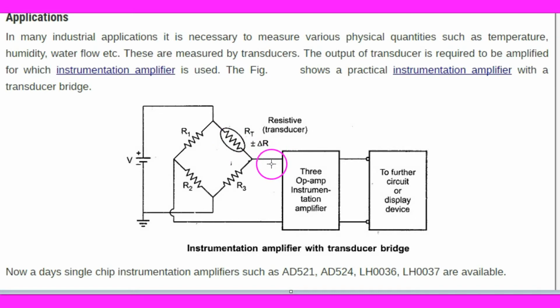When the resistance changes, there comes a change in the differential input. Now the differential inputs are not equal, and when the differential inputs are unequal, then the instrumentation amplifier will give output. That output now will drive the display units.